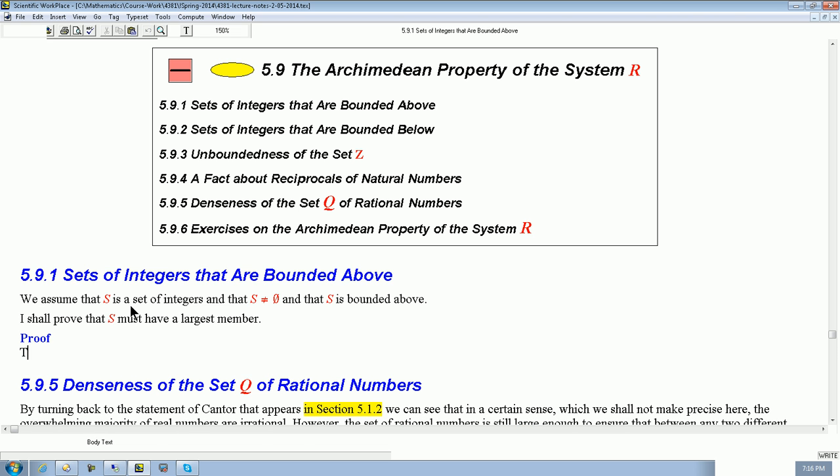I'm going to say, to obtain a contradiction, we assume that S does not have a largest member. If I can get a contradiction from this, what will we conclude? That S does have a largest member, right? Okay.